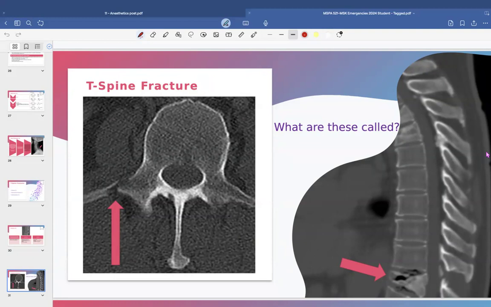So, what's the difference between a compression fracture and a burst fracture? Which versus shattered, which versus pieces. I'll give you a hint. I just showed you where the anterior components are and where the posterior components are. Compression is anterior.